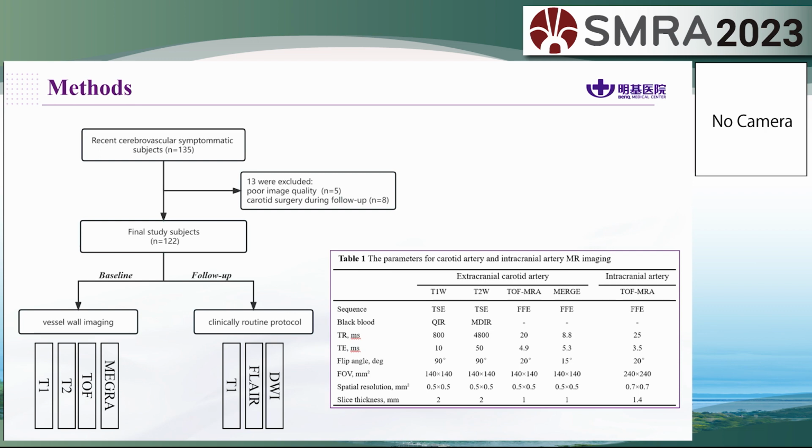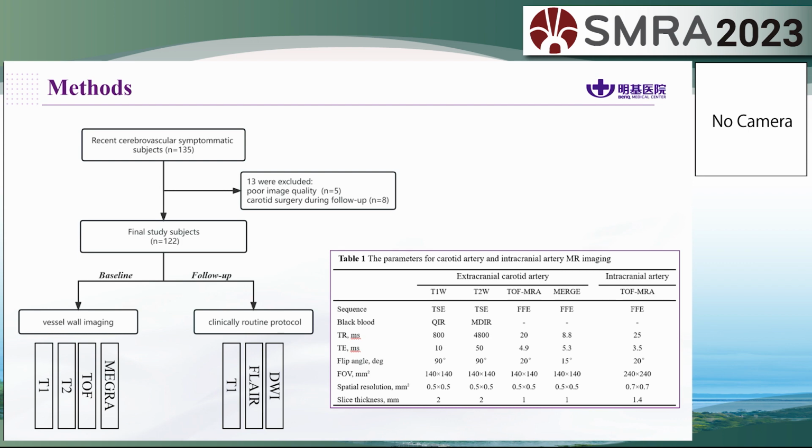This is a prospective study. The picture on the left shows the patient inclusion; at last we recruited 122 patients with recent symptoms of stroke. All patients underwent MRI to evaluate the intracranial arteries and extracranial carotid arteries.